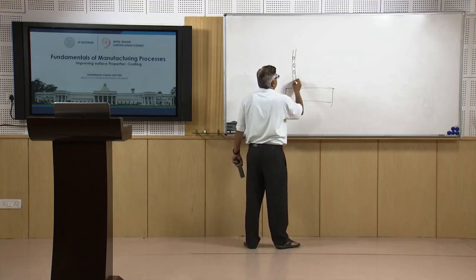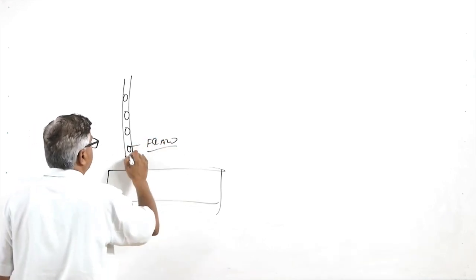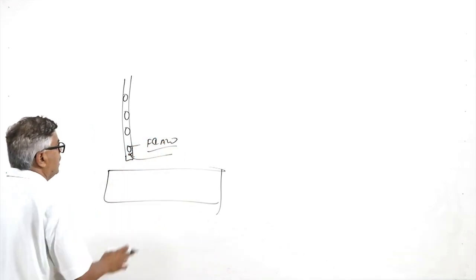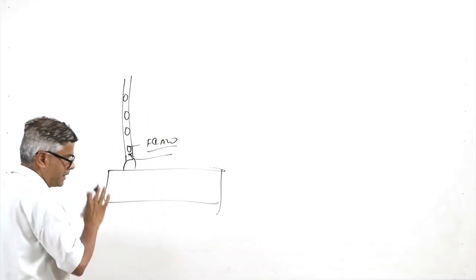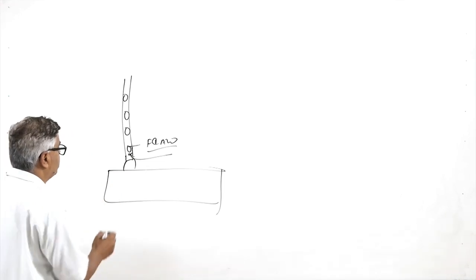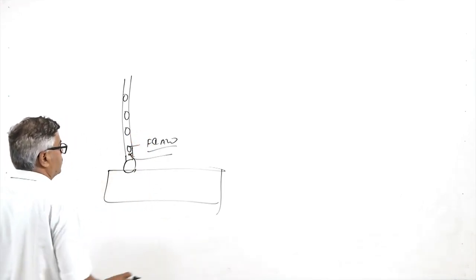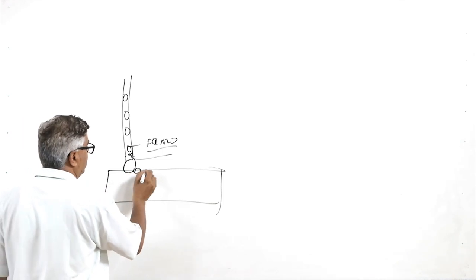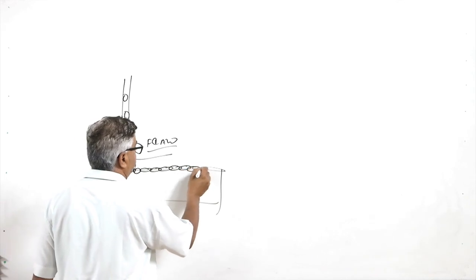In FCAW, the suitable composition to be deposited is filled in the electrode, and an arc is struck between the electrode and workpiece. The melting of the base metal takes place as well as the melting of the electrode. This is how the weld bead deposition develops.